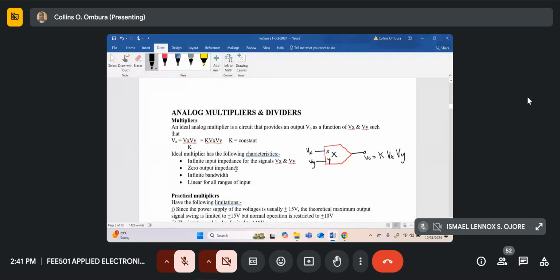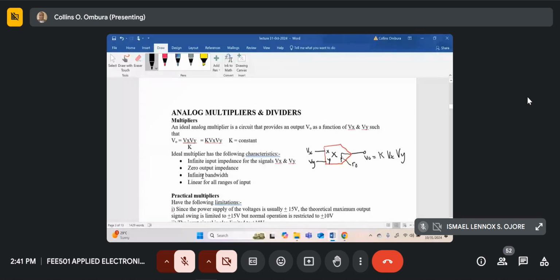Of course, in all electronic circuits you'll have an internal resistance, which we normally call R0. And the voltage generated, part of it is lost inside R0. So if the output impedance is zero, then all the voltage generated inside appears at the output of the load. So point number two is zero output impedance.